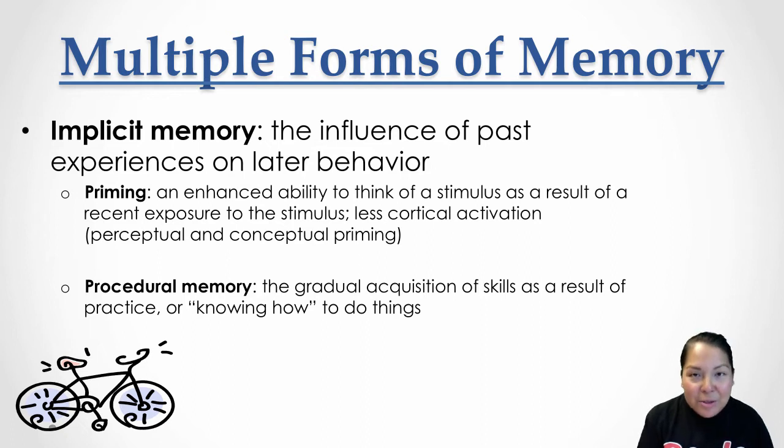Maybe you were making that transition from a little kid's bike with the little extra wheels on it to actually riding a two-wheeled bike. You go through this procedure and you gradually acquire these new skills. Once you start practicing that over and over again, it becomes almost second nature to you.